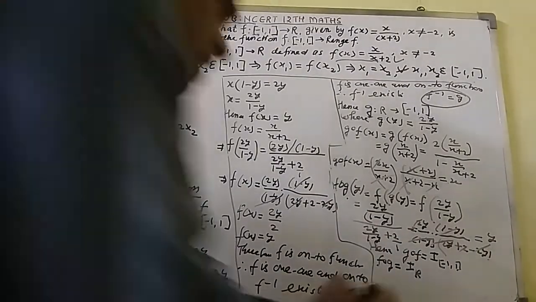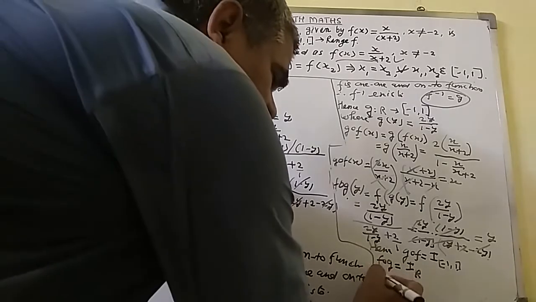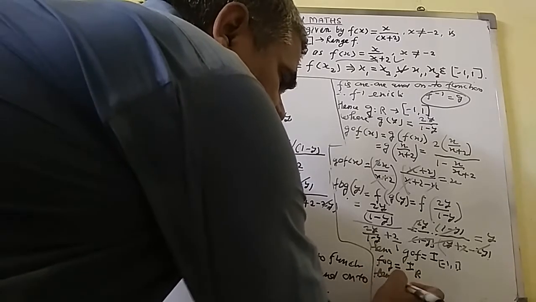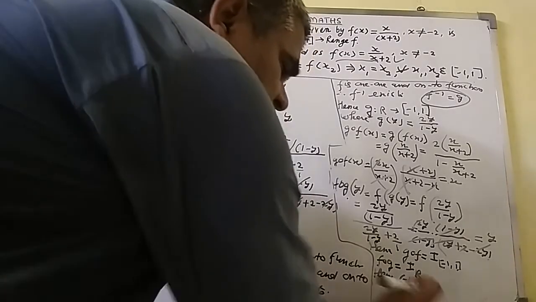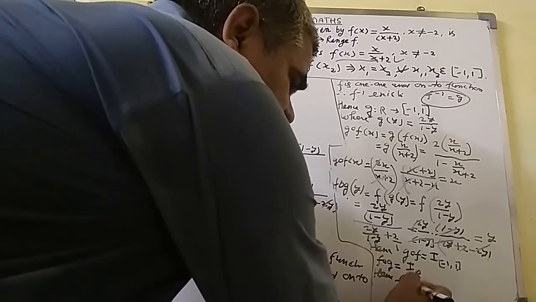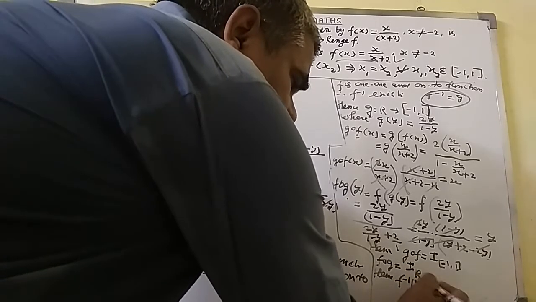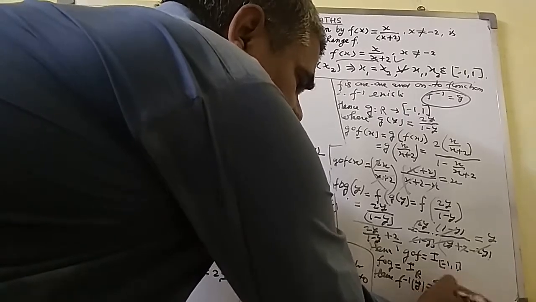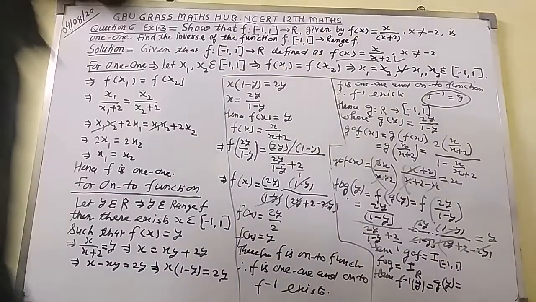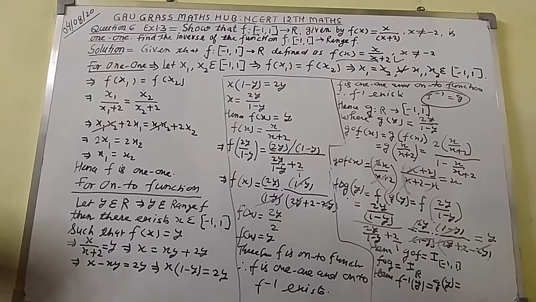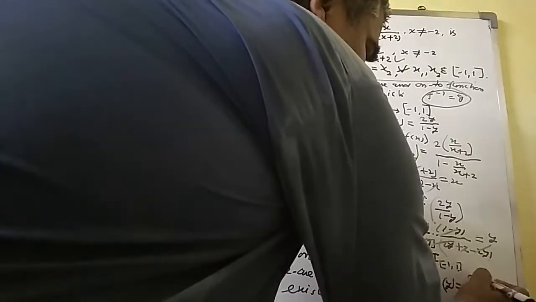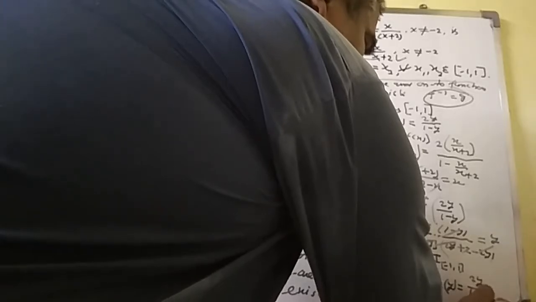Then you can easily write, hence f inverse of y equal to g(y) equal to 2y whole over 1 minus y. This will be the correct answer.